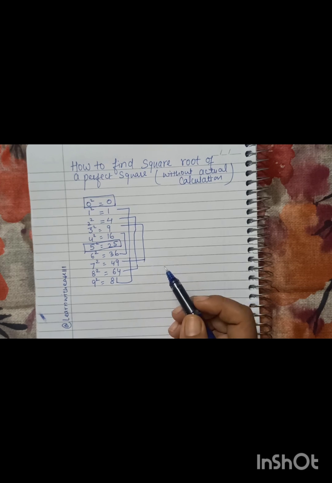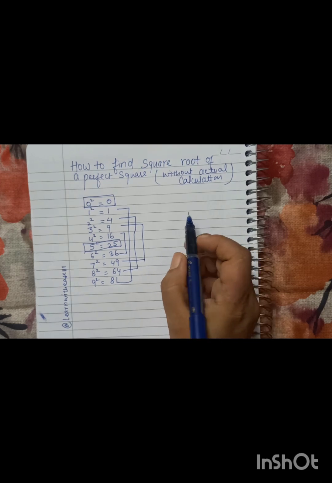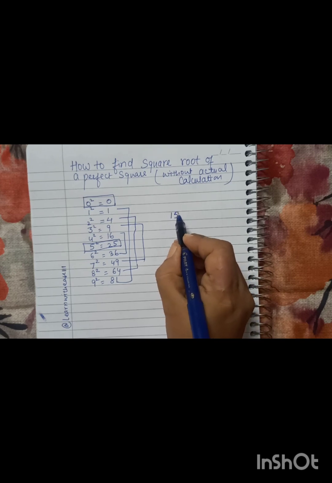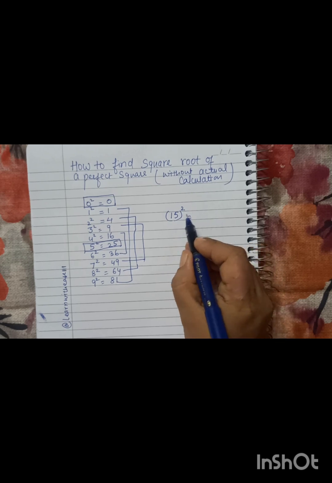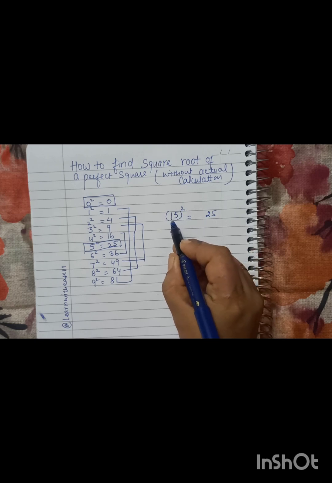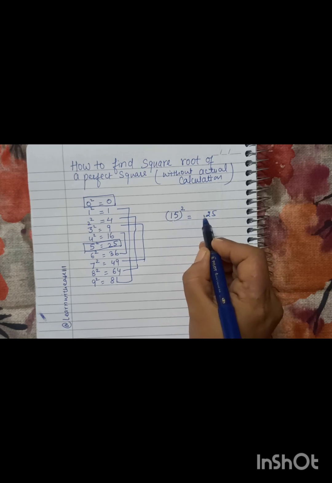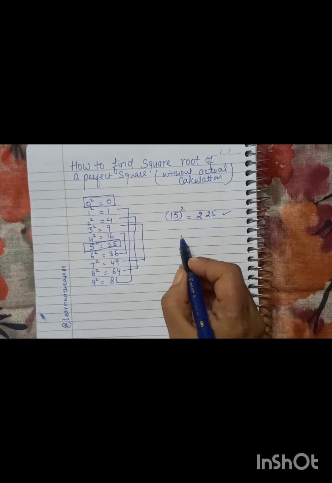Also we need to learn the square of the number which ends with 5. Like suppose if you want to calculate the square of 15, what you need to do is 5 square 25, and here 1 with extra digit multiplication, 1 into 2. 1 into 2 is 2, so 225, that's the square of 15 whole.